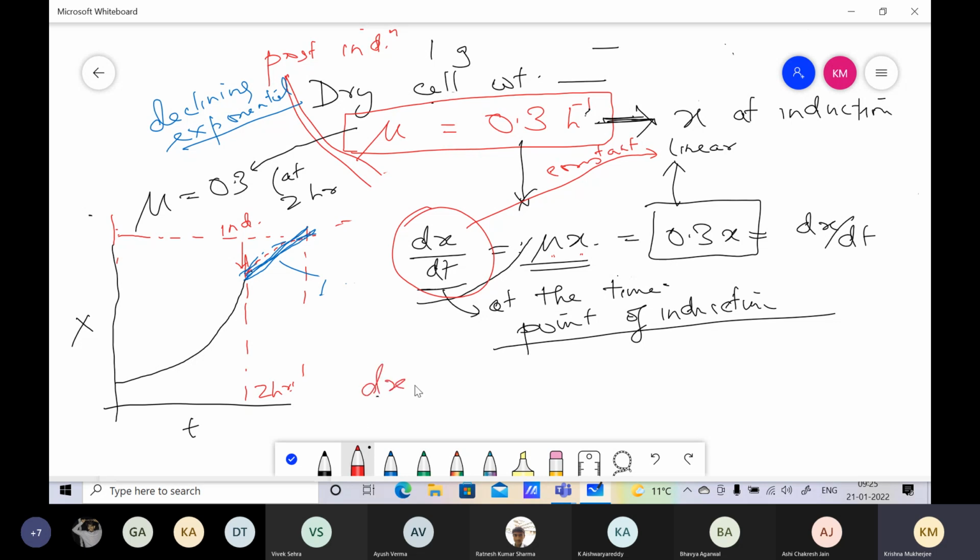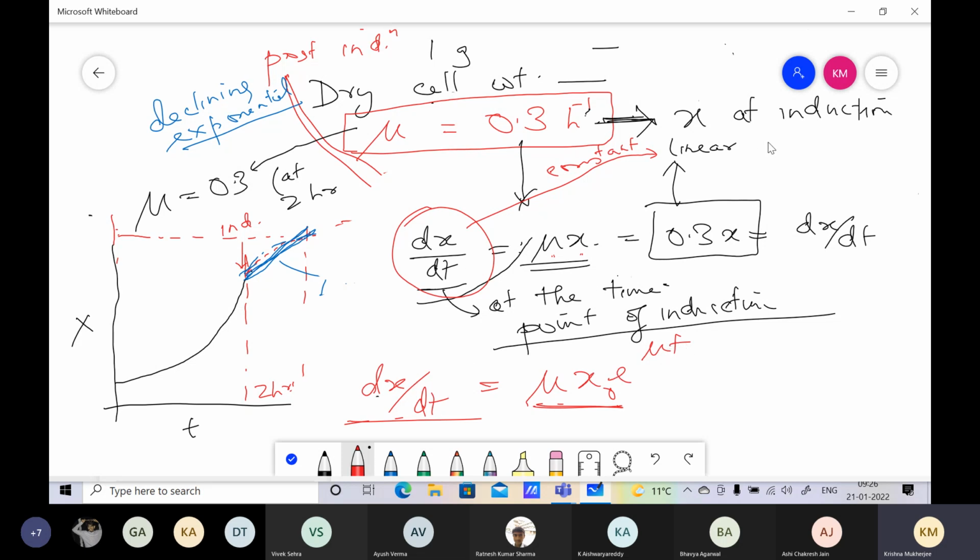As you all know, the exponential function's derivative is also exponential, and integration of mu into x gives x naught e raised to mu t. So dx by dt always increases, because mu into x naught is a constant multiplied by e raised to mu t.